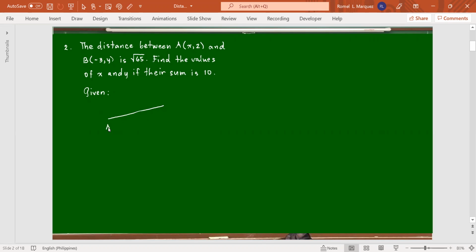This is my point A, and this is my point B, and this is the distance between them. A has coordinates (x, 2), abscissa is unknown. B has coordinates (-3, y), its ordinate is unknown. We are looking for the x or the abscissa of A and the ordinate of B.